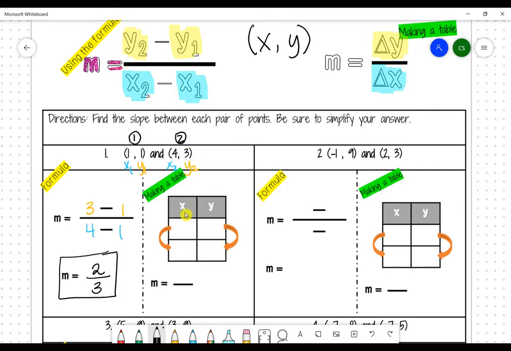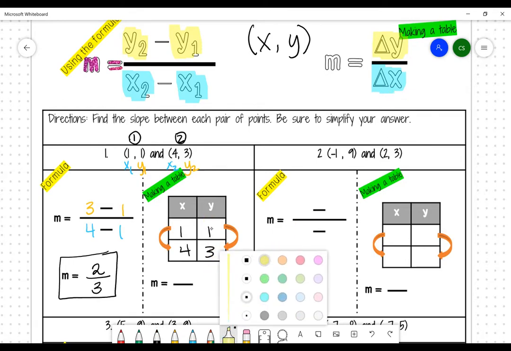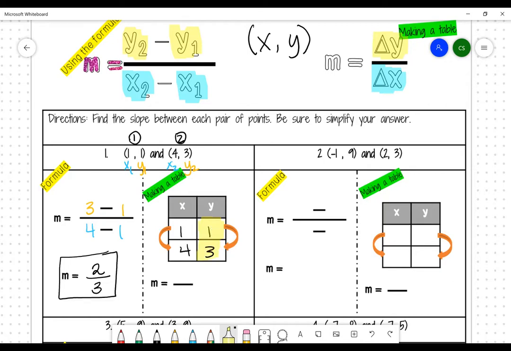But I can do this from a table too. Notice it says x, y. These are just the points. So my points are (1, 1) and (4, 3). I just need to figure out what is the change in y over the change in x. So the change in y, from these two y values, what is happening between 1 and 3? It is increasing. Increase means positive by how many? Count from 1, 2, 3.